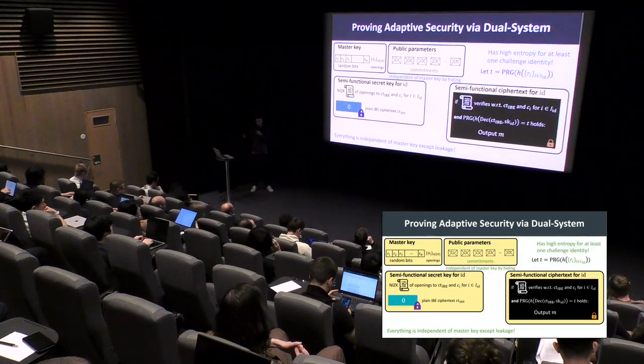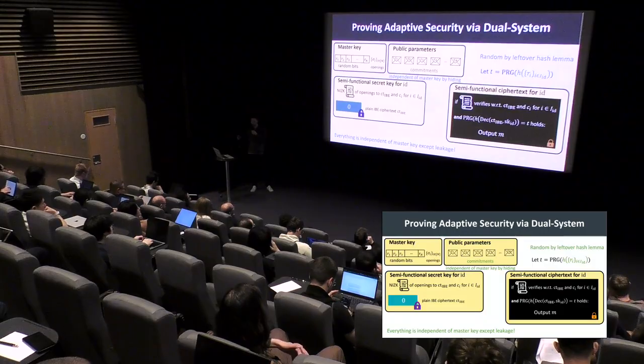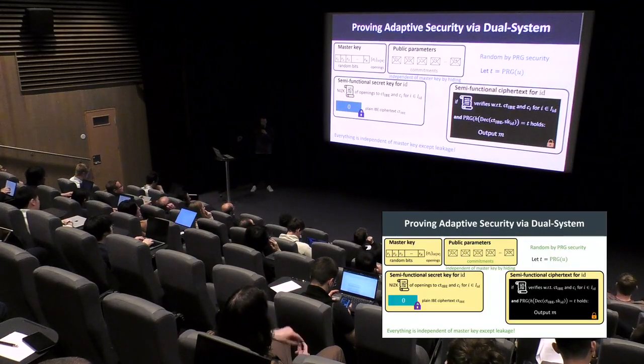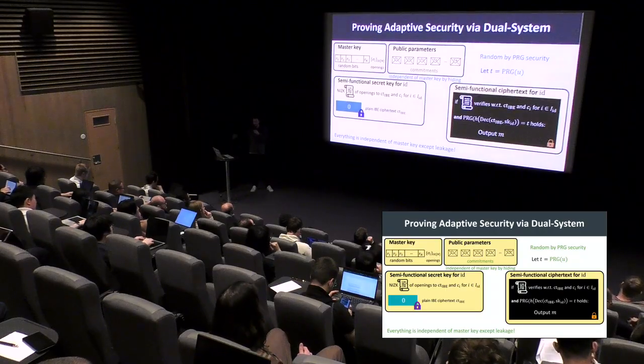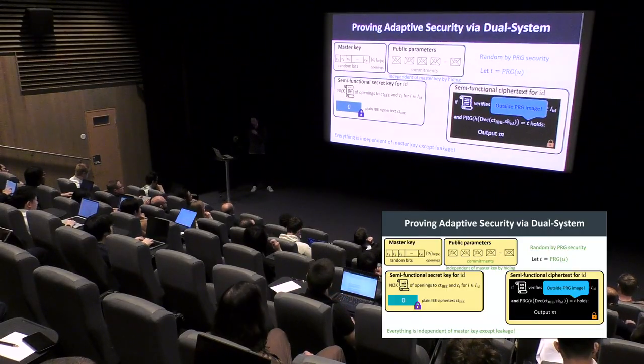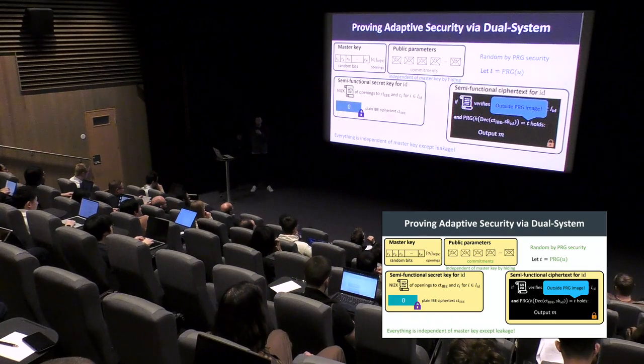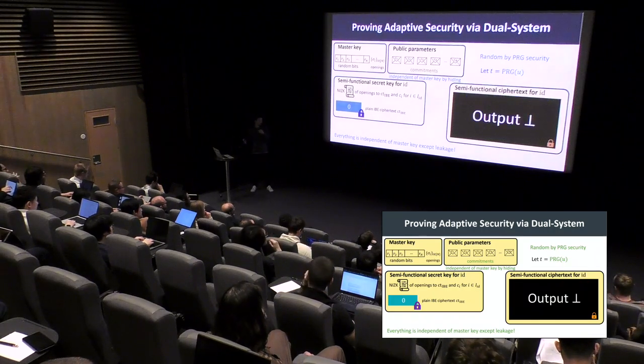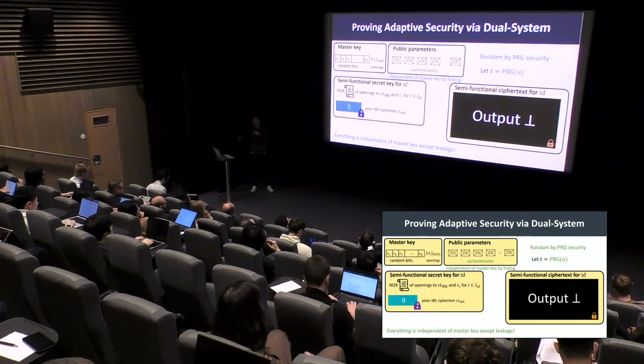If it has high entropy, then we can use the leftover hash lemma to make this input to the PRG uniform. Then PRG security says that the string t is uniform. And if the string t is uniform, then with very high probability it's going to be outside the PRG image. Essentially, we can switch by I/O security this program to the null program. And that more or less would complete the proof.